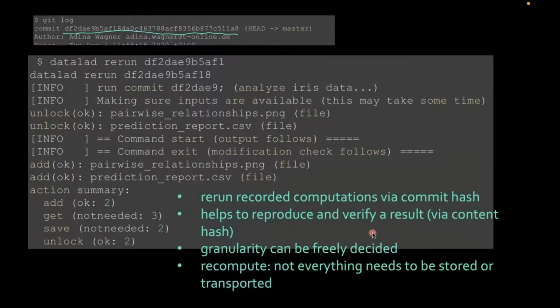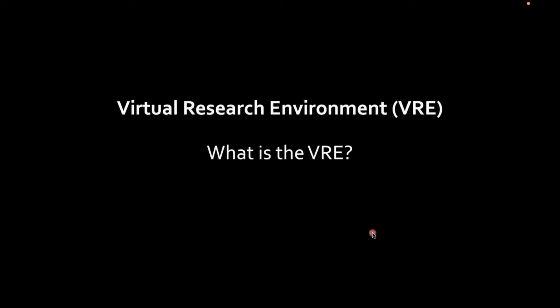Even without knowing what happened in the workflow, you can just look at the commit messages, look up the commit code, and then reset a data set to a historic state, for example, or rerun steps, or reproduce and verify results.